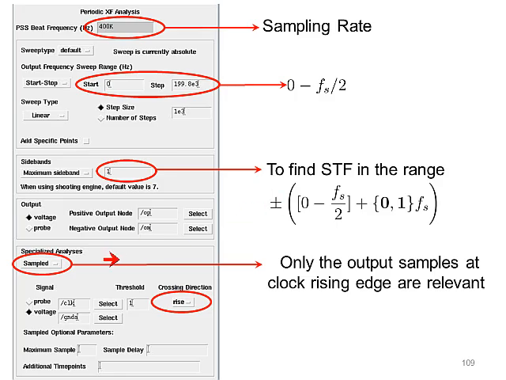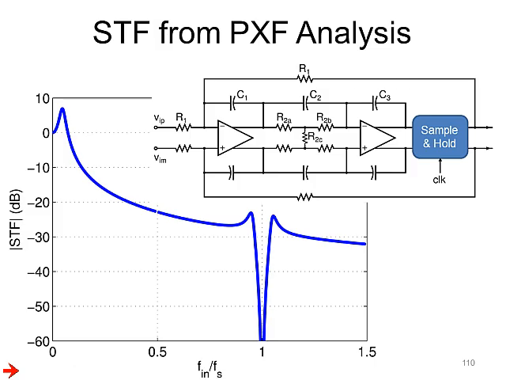The output of the modulator has to be sampled to be of relevance because it's a sampled output which is what we're interested in. So the tool will figure out, you can specify when you want to sample the output. And this shows the signal transfer function obtained using such an analysis.